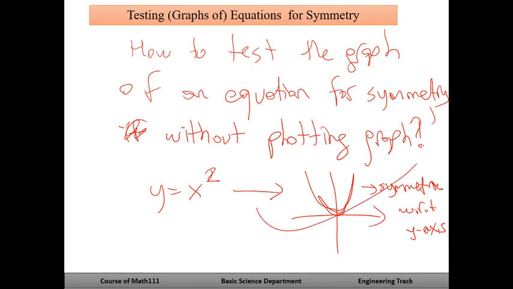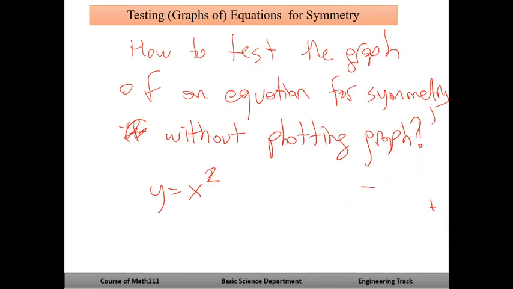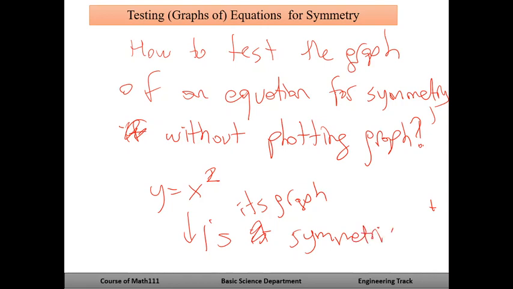But assume you're not given this, assume you don't have it, how can you tell is its graph symmetric or not with respect to the x-axis or y-axis?